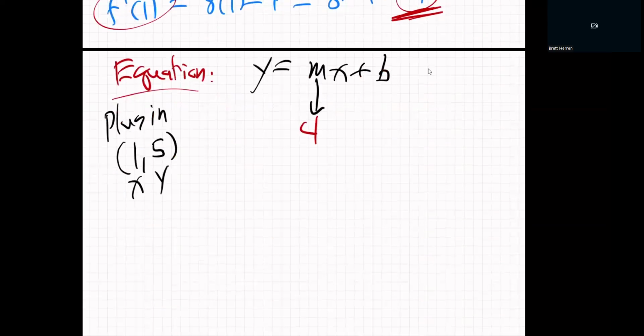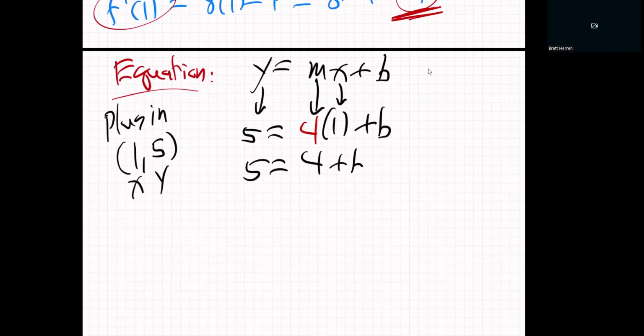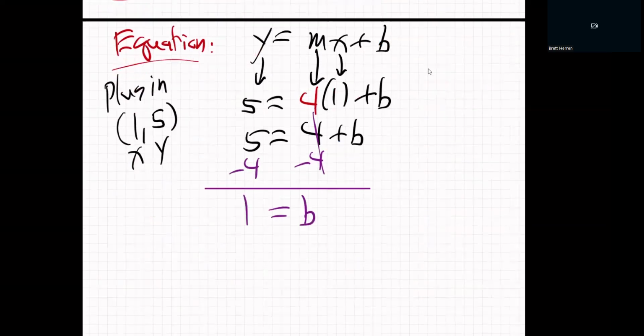So plug in 1 for x, 5 for y, and then you can solve the equation for b. 4 times 1 is 4. So finish solving for b, subtract 4 from both sides. B is 1. So we've got the equation. What's the equation? Y equals mx plus b.